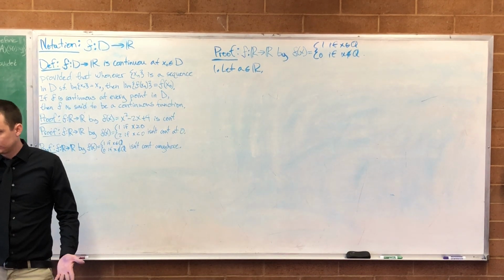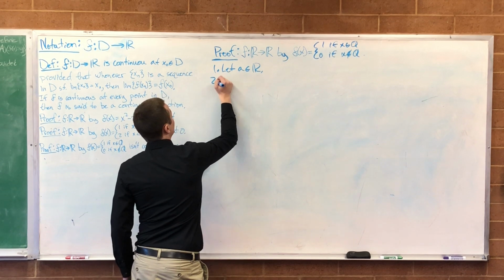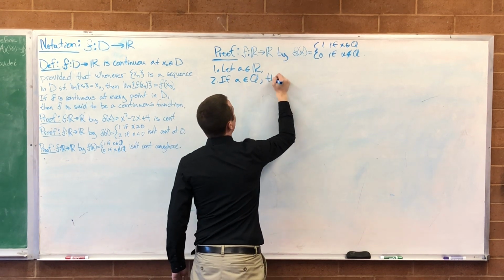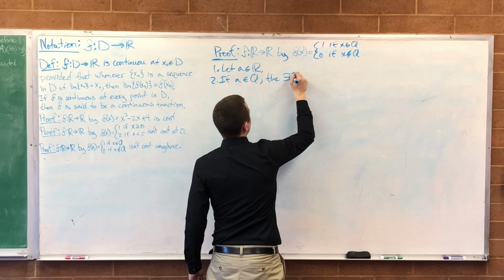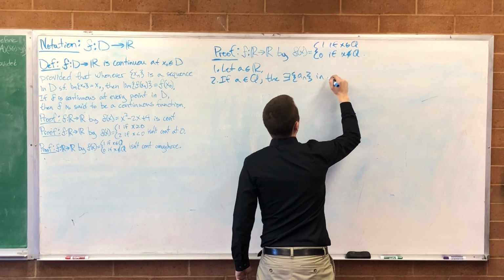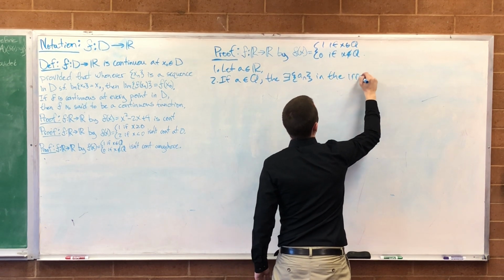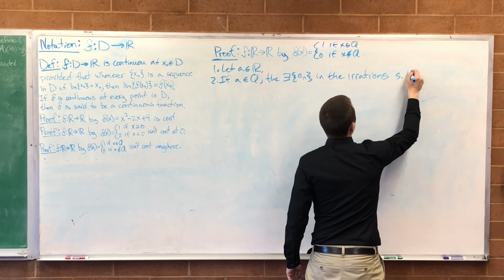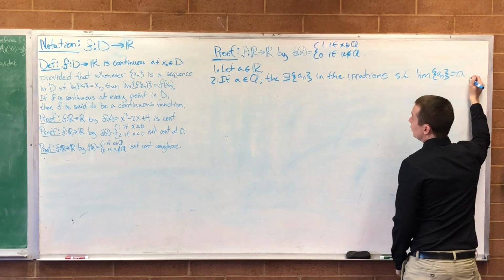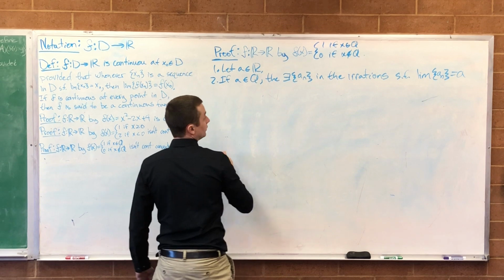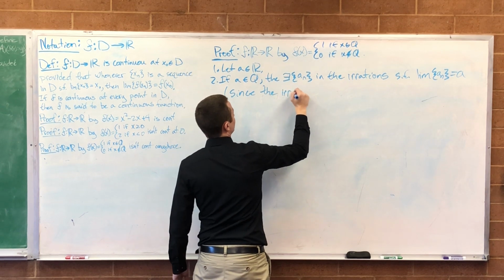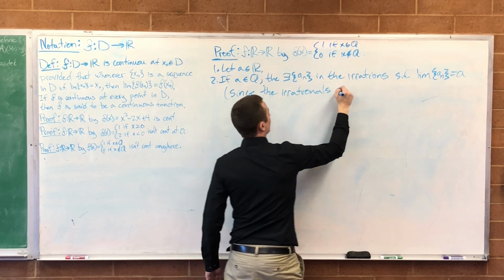A is either rational or it's not. 2, if A is rational, then there exists some sequence a_n in the irrationals such that the limit of a_n is equal to A. How do we know this? Since the irrationals are dense in R.